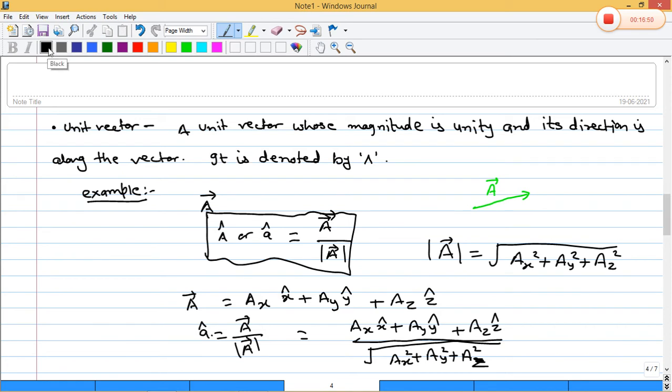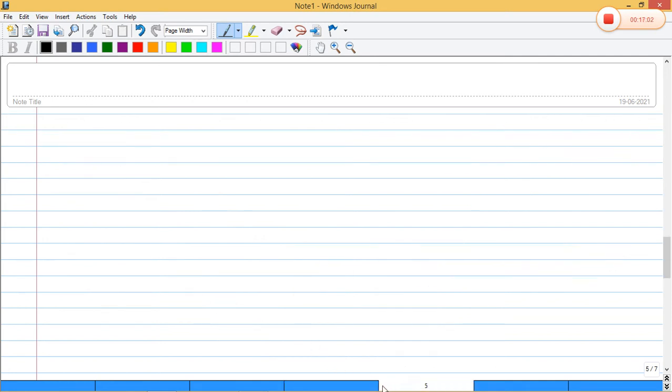Now we have to know about addition, subtraction, multiplication. We already know about vector addition and subtraction from the 12th standard, so we have to focus on it only a little.